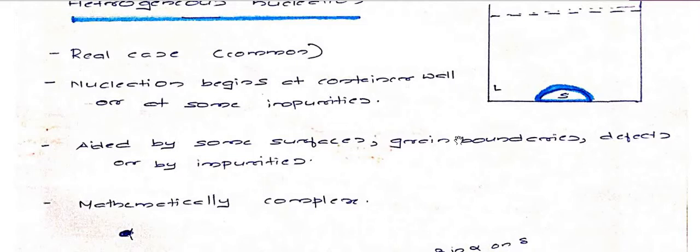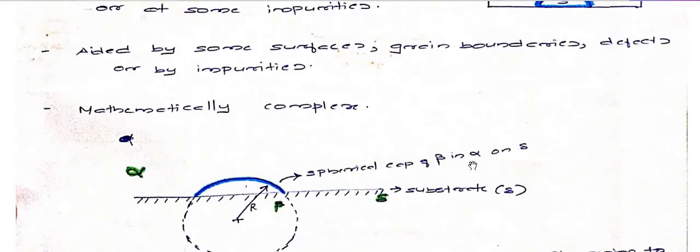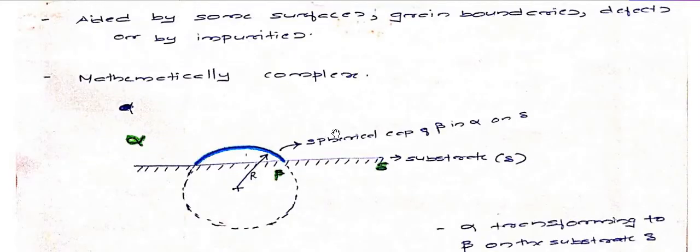Grain boundaries will act as heterogeneous nucleation sites, and defects and impurities can also act like that. One thing I want to tell here is that it is mathematically highly complex. It is not as easy as homogeneous nucleation.